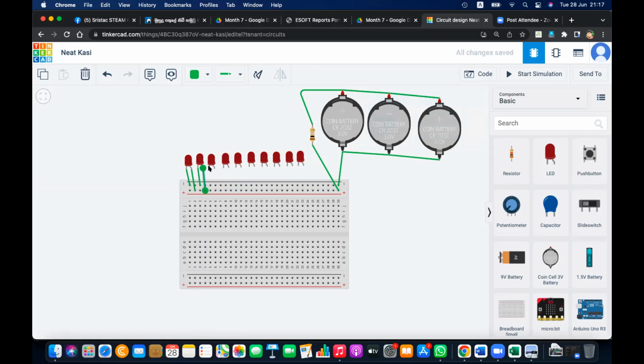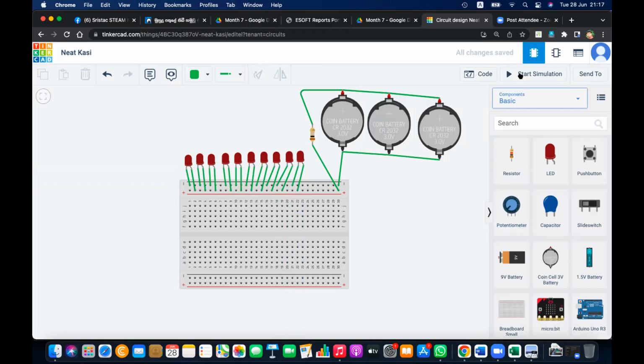Negative to negative, and positive to positive. You can connect all the LEDs, negative edge to the negative and positive to positive. It's not difficult, right?